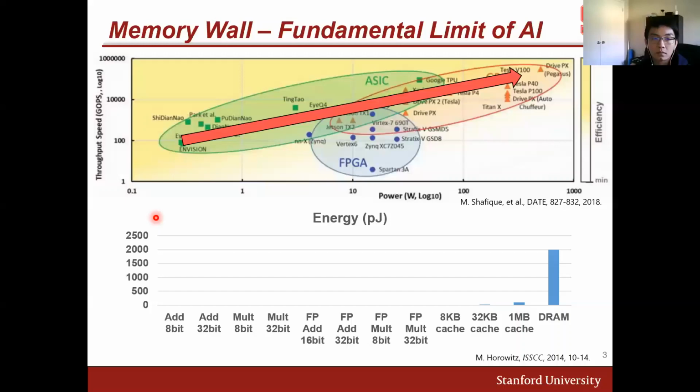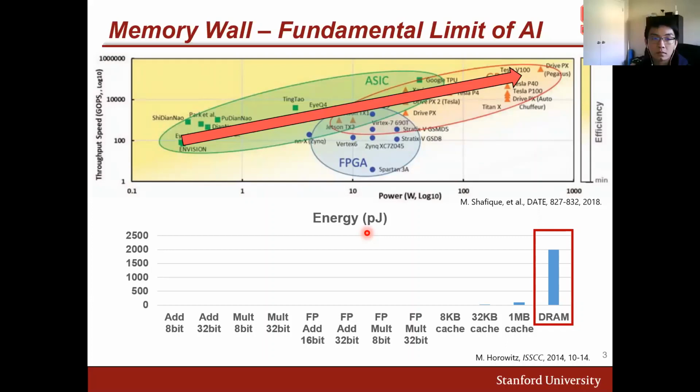We can see here that the most power-consuming one is the DRAM access, meaning you have to bring data from the main memory to the CPU to process, like add, multiplication, etc. And that energy is actually 3 orders of magnitude higher than all the other process actions, right?